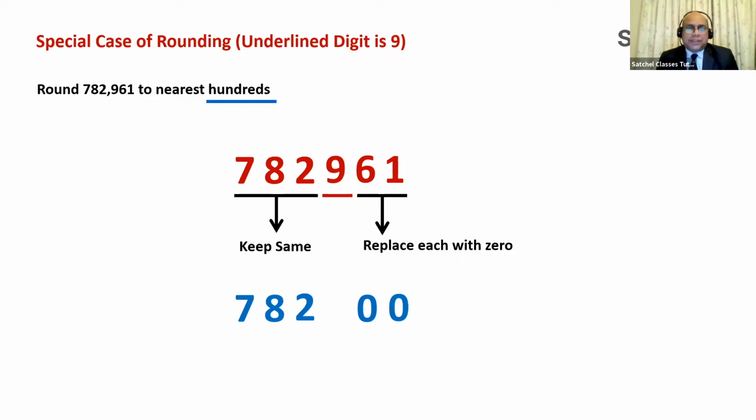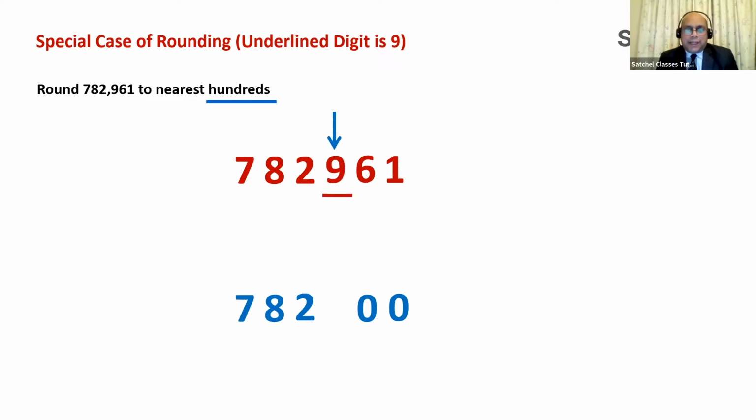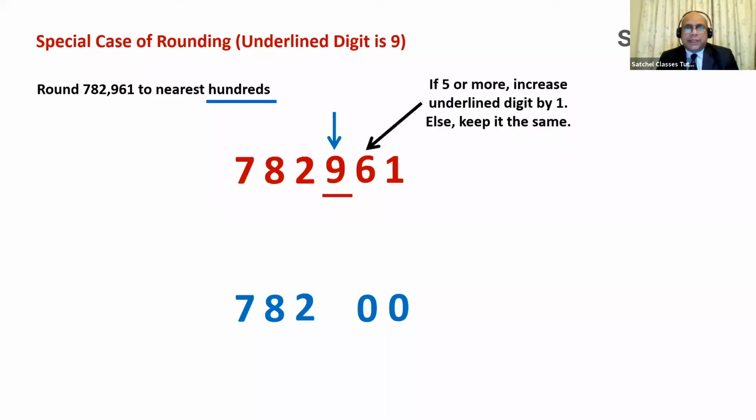And what about the decision on 9 itself? Because the number following 9 is 6, which is more than 5, we ideally have to increase 9 by 1, right? So if I increase 9 by 1, I'll get a 10, which is a 2-digit number.